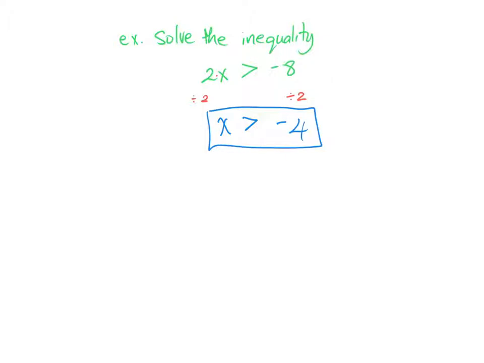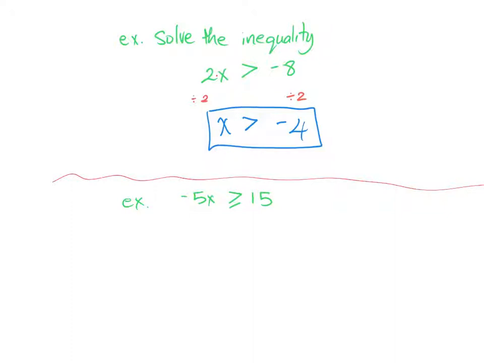All right, one more, just for good luck. All right, so we're going to solve the inequality -5x, this is an example, is greater than or equal to 15. And we want to isolate the x in this case.